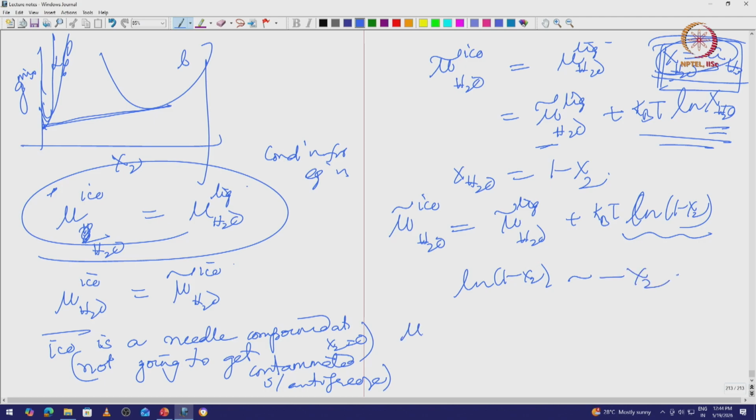Okay. So mu of H2O in ice equals mu of H2O in liquid minus kBT x2. Okay. So this is how it is going to come out, all right.